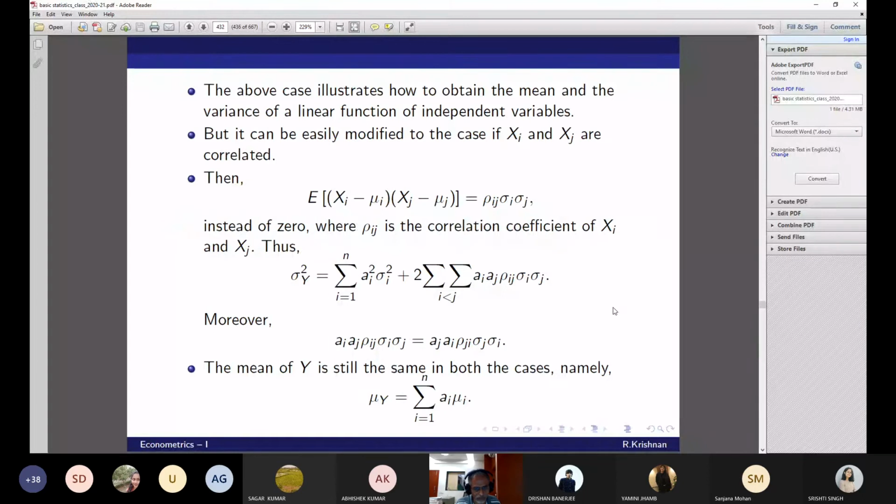This one? Yes, sir. What is the significance of i and j here? What is the interpretation of ij, or how do we equate both the equations? Moreover, ai aj rho ij sigma. Just now I asked this question and somebody answered. This is a product of the covariances, which are symmetric, remember?